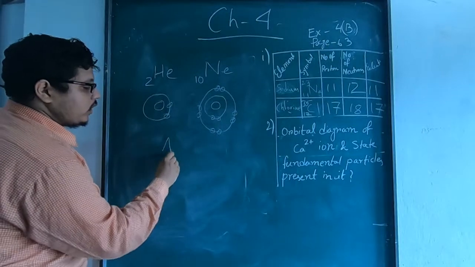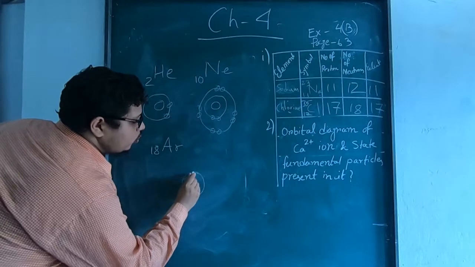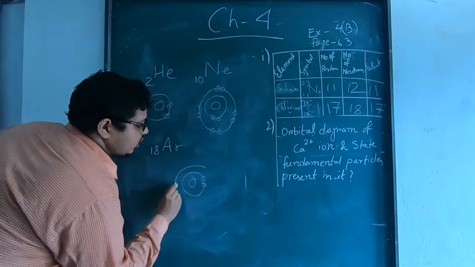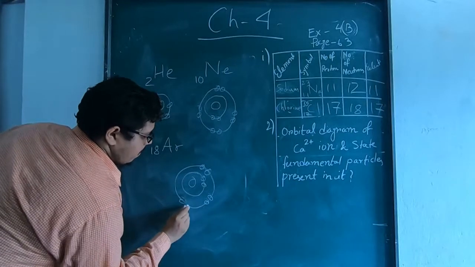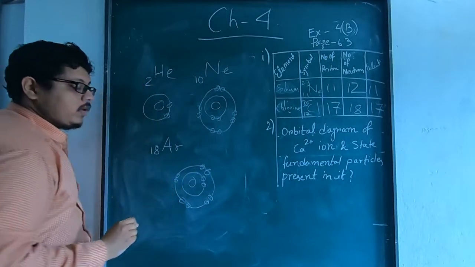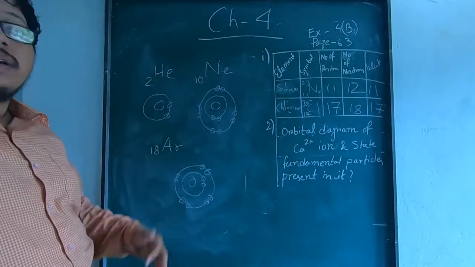And let's talk about the last one here, argon, among the first 20, 18. So you got first shell 2 as usual. Second shell how many? 8. Because if you think about it, 2 and 8, how much does it become? 10.